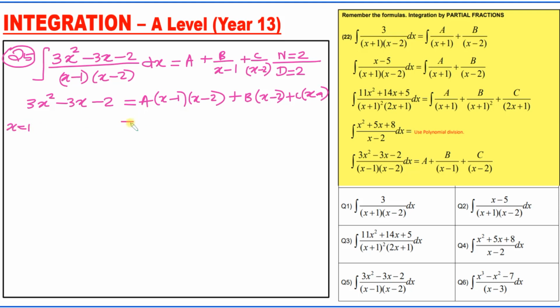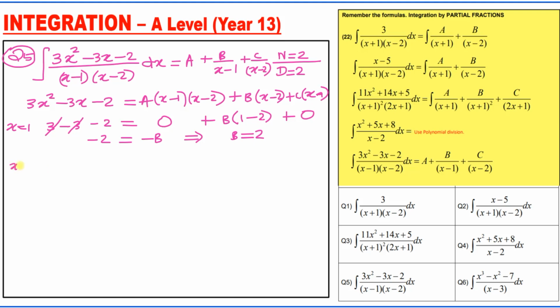When you substitute x equals 1, this is 0 and this is also 0, and b is multiplied by 1 minus 2, and the left side is 3 minus 3 minus 2. So minus 2 equals minus b, and that gives b equal to 2.